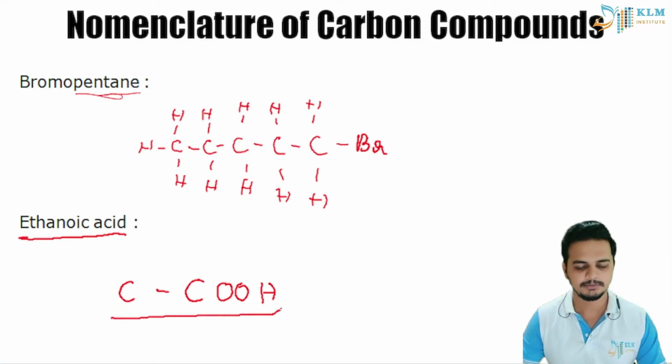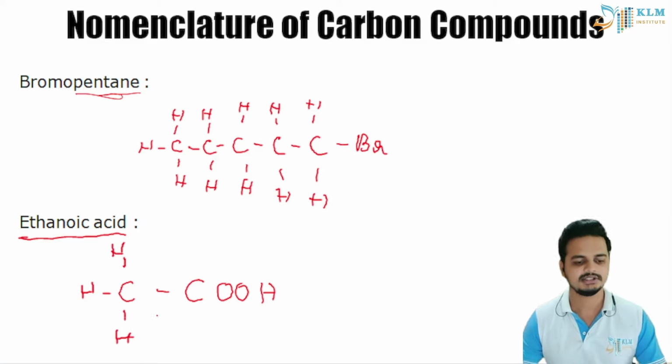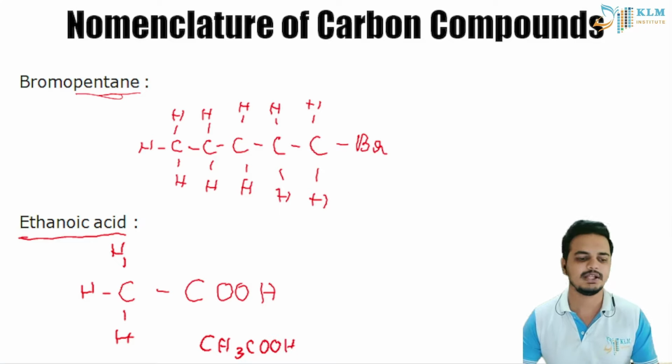So this is not the complete structure. Of course, you have to fill this carbon atom with H, H, and H. CH3COOH is the formula for ethanoic acid. You should know this, you can also write it as CH3COOH. You can write it like this so that you know it's ethanoic acid.